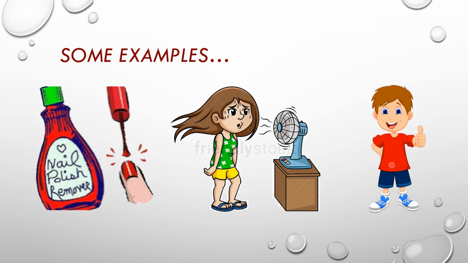We know that during evaporation the particles at the surface of the liquid gain energy from the surroundings or body surface and change into vapor. The heat energy, that is the latent heat of vaporization, is absorbed from the body, leaving the body cool.